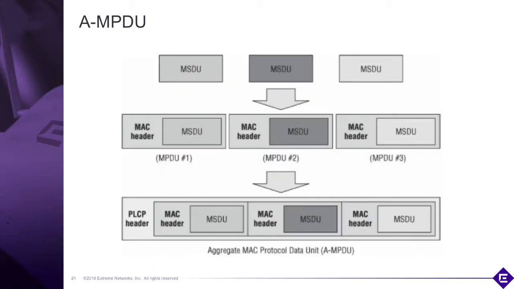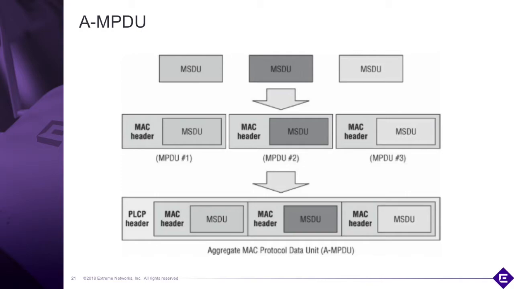Aggregated MPDUs are a little different. You get less overhead than a single frame. However, you get more overhead than aggregated MSDUs. This happens in a couple different ways. So aggregated MPDUs have less overhead than individual unicast frames, but more overhead than aggregated MSDUs.